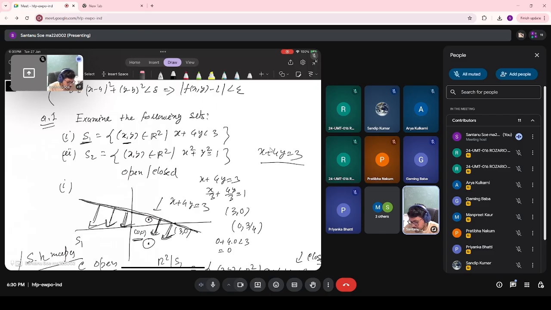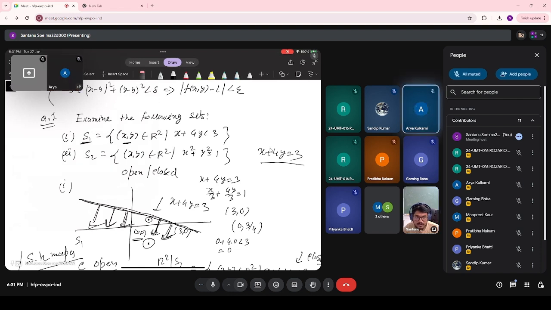If you take a point inside this region and then take a circle, no matter how small, this circle will always belong to the region S1. So for every point in S1, you can find a small circle that also belongs to S1. That's why S1 is an open set, because every point is an interior point.